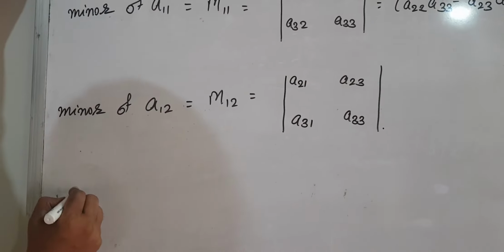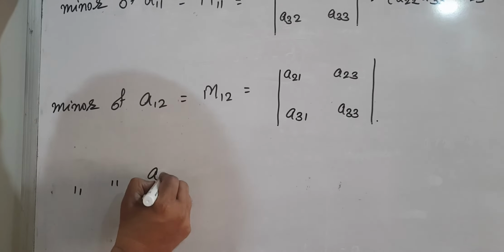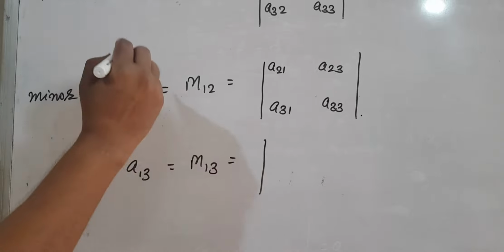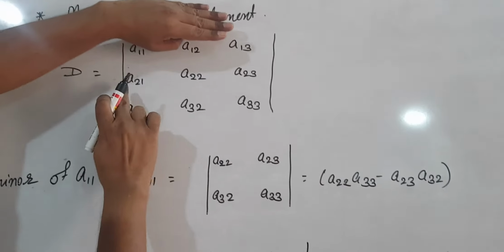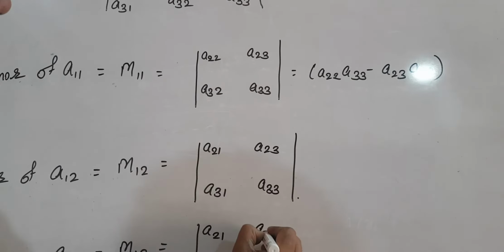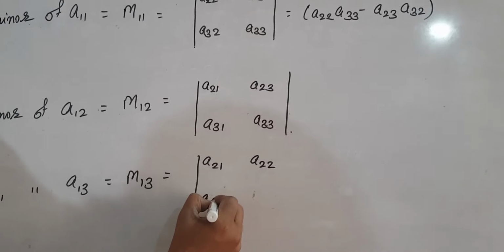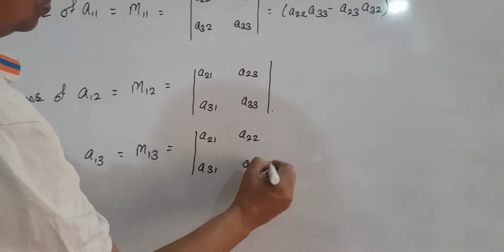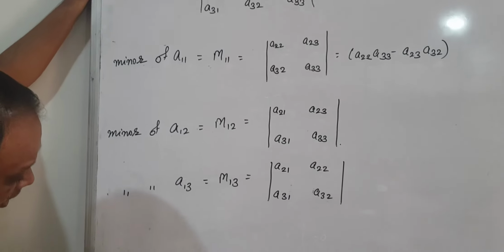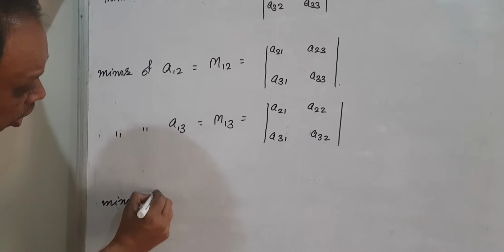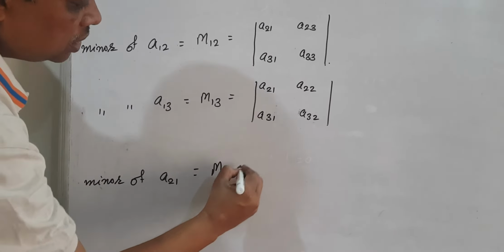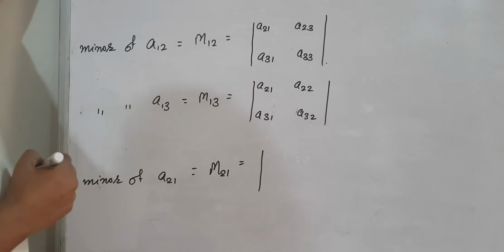Similarly, minor of A13 becomes M13, meaning first row, third column. So these four elements will come: A21, A22, A31, A32. I hope you understand. Similarly, minor of A21, which we write as M21, is what?